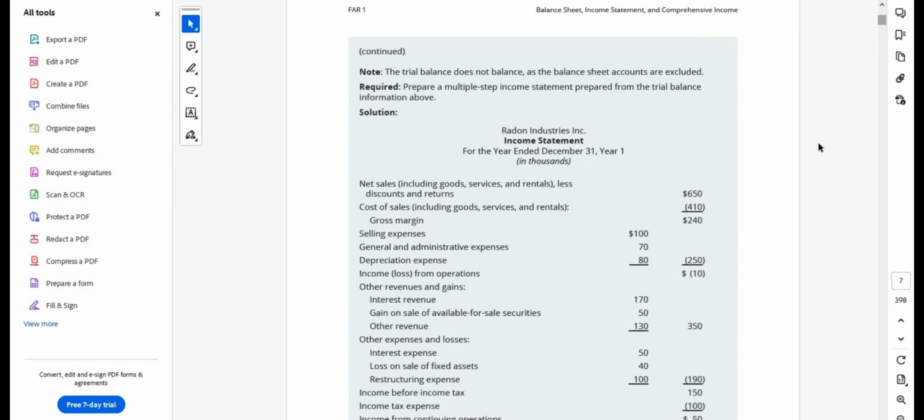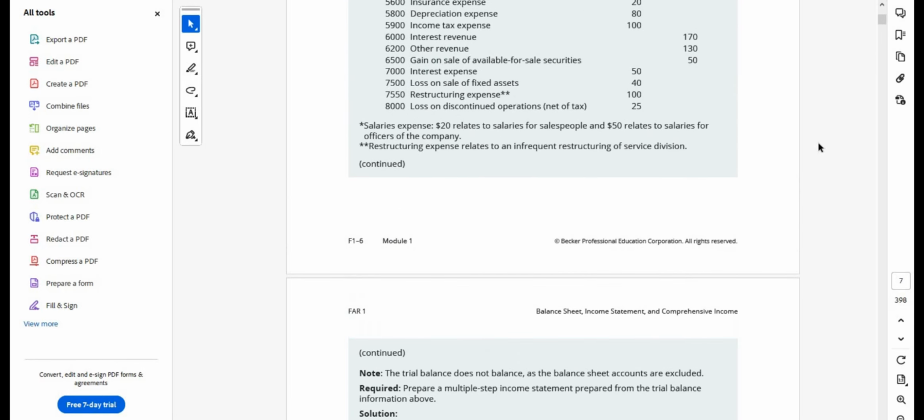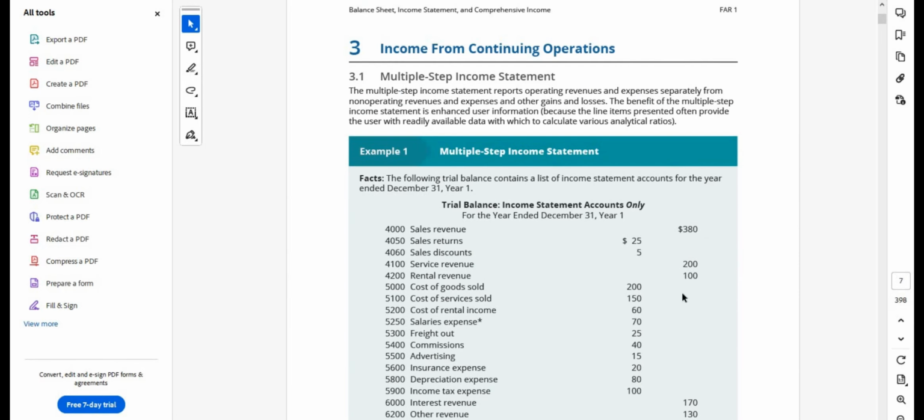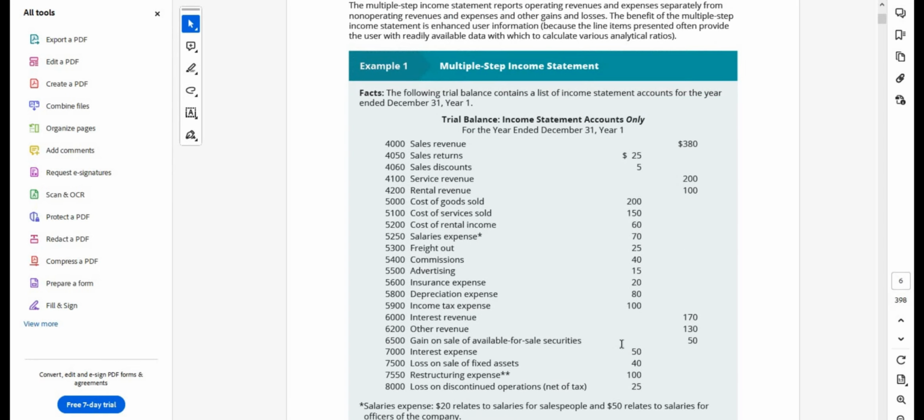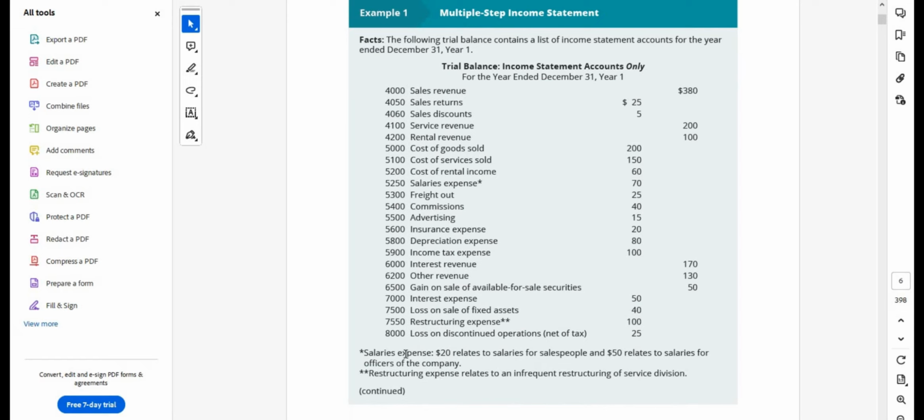So we got the gross profit margin as 240. These are the direct expenses. Now we are going to the indirect expenses. The indirect expenses are depreciation, 80, and then salary expenses, 70, marked with a star, which says that $20 relates to salaries for salespersons. That means $20 is for sales and $50 is salary for officers of the company.